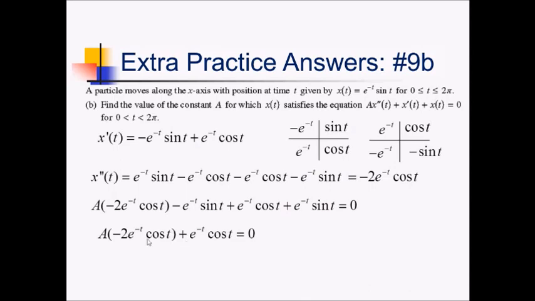If I factor out e to the negative t cosine t, I've got negative 2a plus, well, just 1 inside my parentheses. Now, solving this, we actually don't need to do anything with this stuff that we just factored out, because we don't care about t at all. All we care about is this a value. So if we just set this parentheses equal to 0 and solve, subtract 1, divide by negative 2, we get the a value of 1/2.